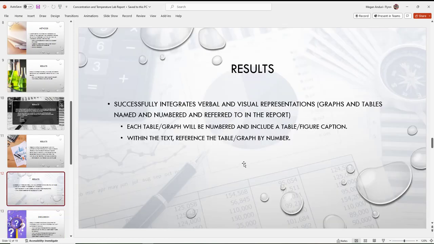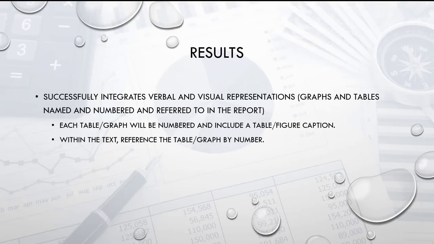And then additionally, in your text, you're going to need to incorporate the number of the graph included in the actual text. So reference the table or graph by number.